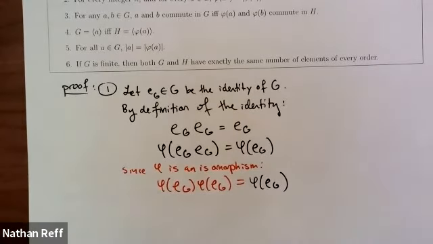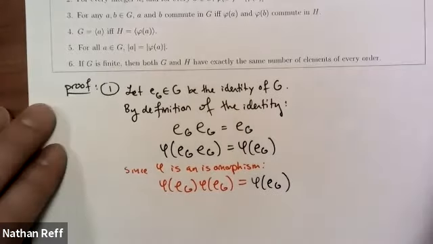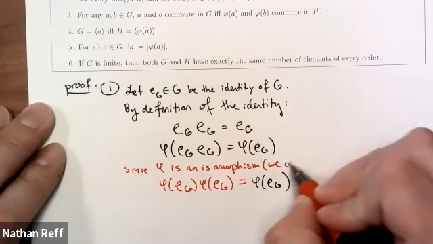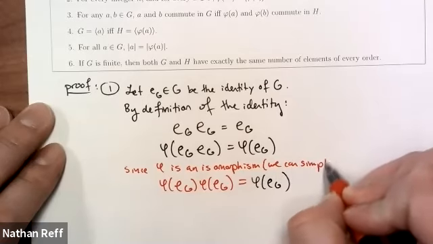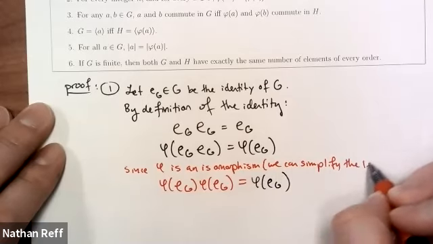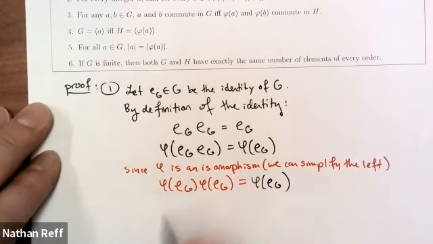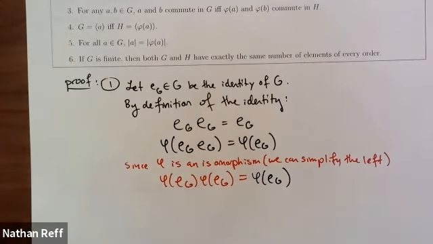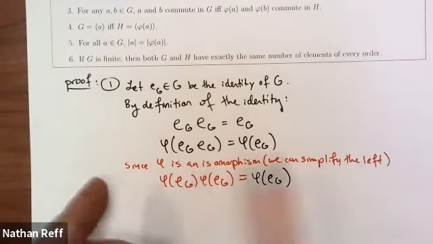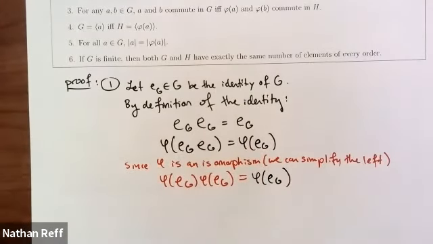Everyone okay with that? Like the left, we can simplify the left. I could have probably made this a lot cleaner if I actually flipped these, then you could just make one long string of equal signs, but whatever.